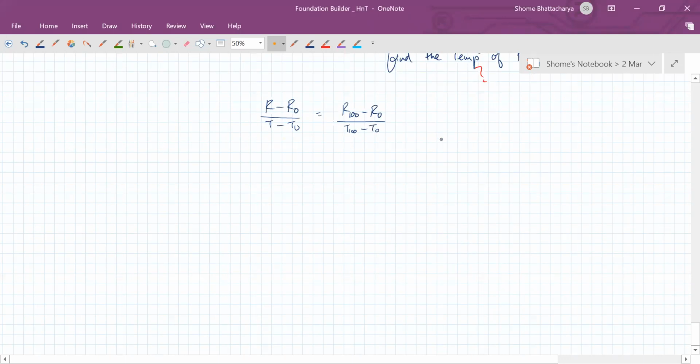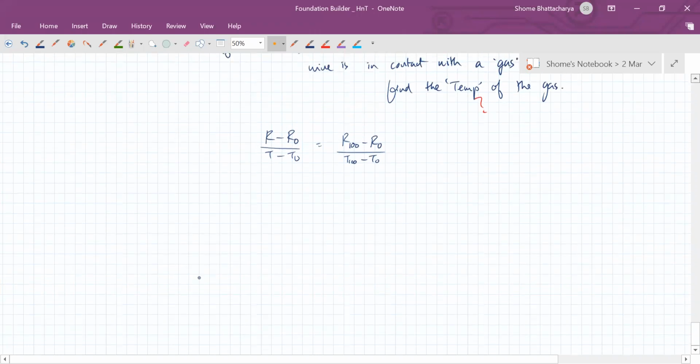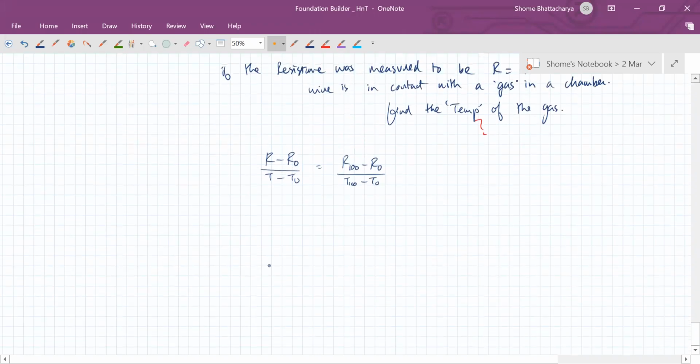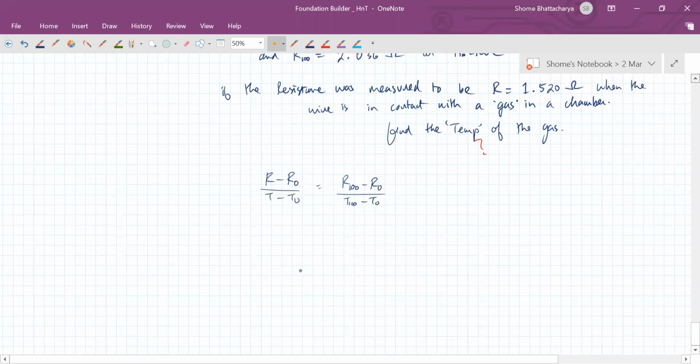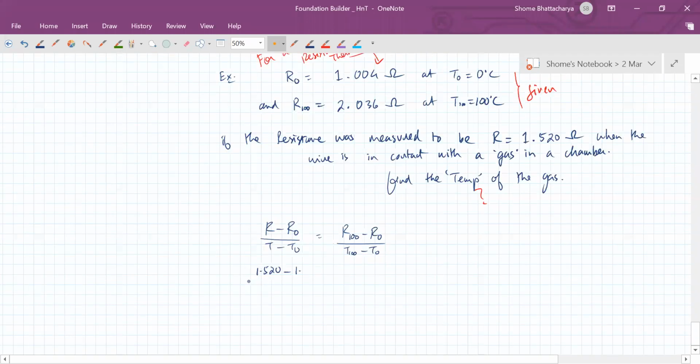So this value 1.520 minus 1.004 upon T minus 0 degree C will be equal to 2.036 minus 1.004 divided by 100 minus 0.